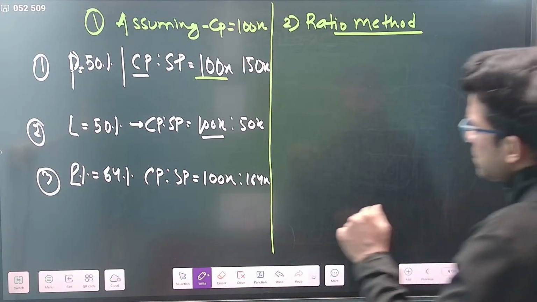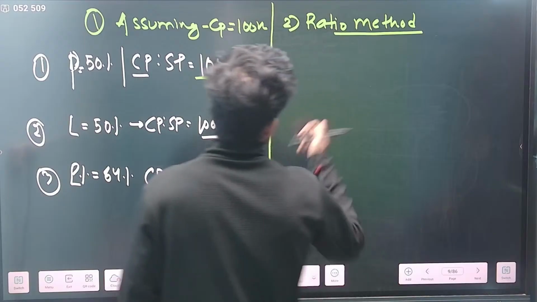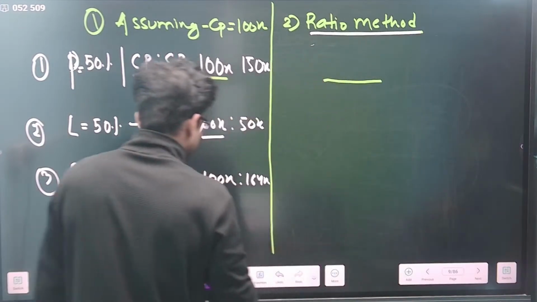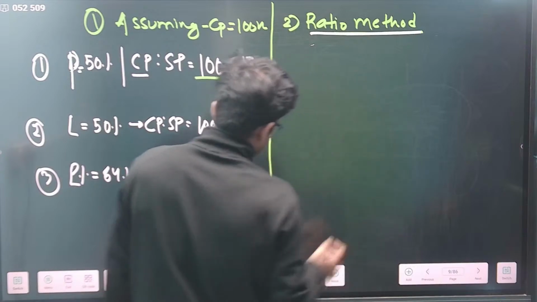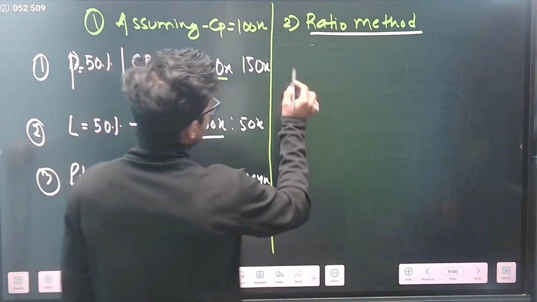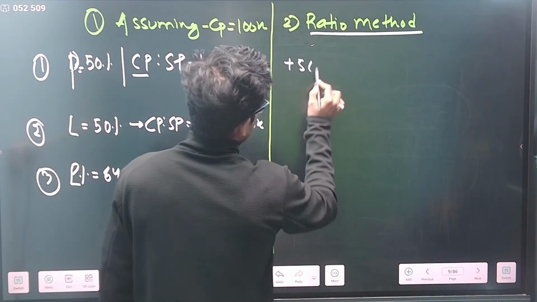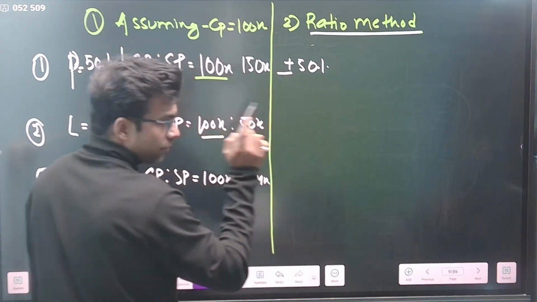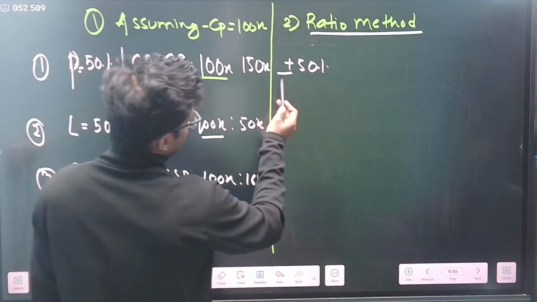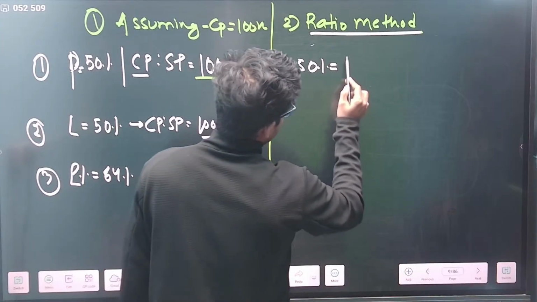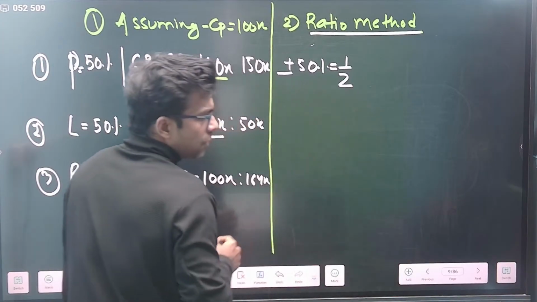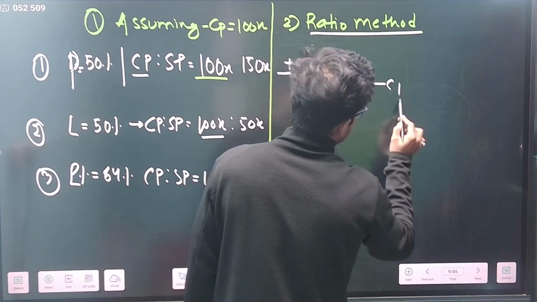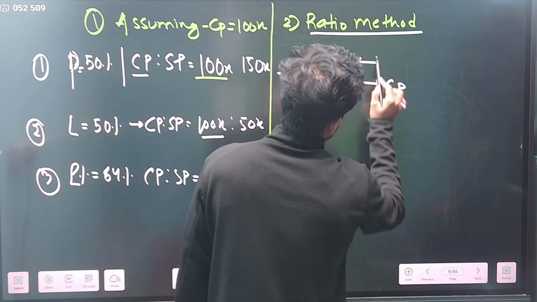But when we come to the ratio method, which is very important, everyone needs to understand this method. The ratio method says that if there is a profit of 50%, and please remember I am writing plus for the profit, then profit is basically 1 by 2. So this 2 becomes your cost price and this 1 becomes your profit.